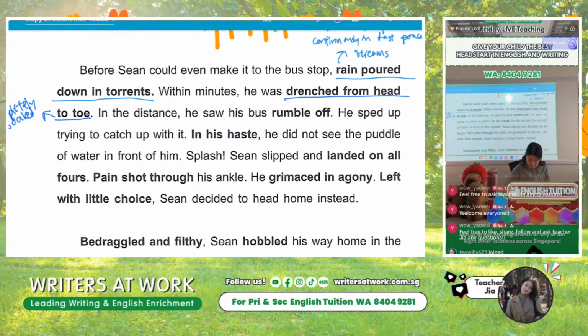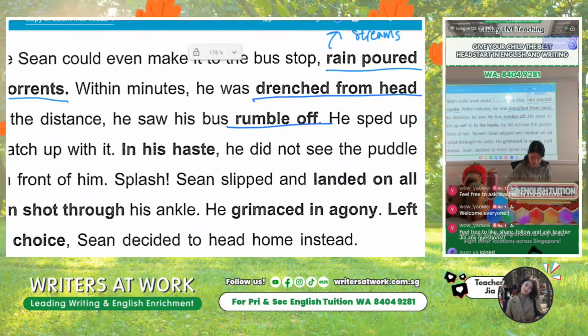In the distance, he saw his bus rumble off. When saying the bus rumbled off, you mean it drove away with a deep sound. In literature, the deep sound also links to the fact that he is looking at the bus going away with very somber emotions, knowing he's going to be late.